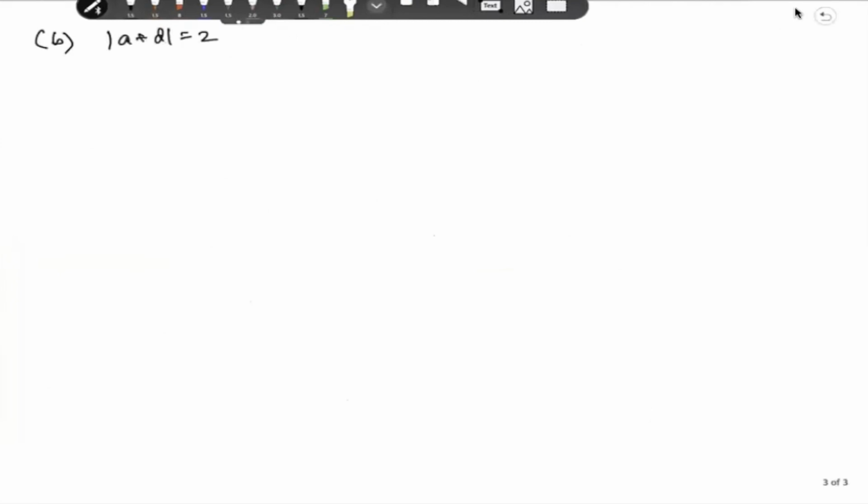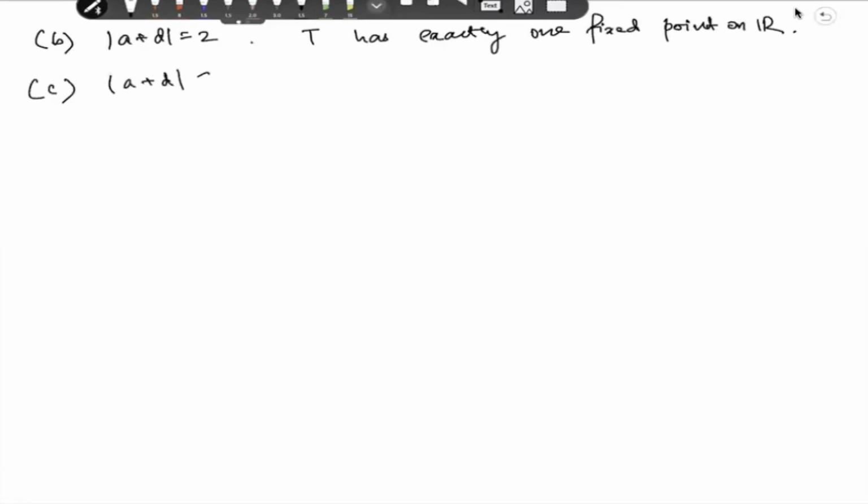Therefore T has exactly 1 fixed point on R. Now the third subcase, let us assume that mod of A plus D is less than 2.